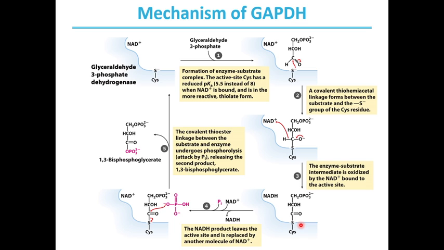Once this is formed, NADH leaves and phosphate is bound, and the phosphate O- attacks this carbonyl carbon of the thioacyl enzyme intermediate. And once this happens, the leaving group, which is this cysteine, leaves, leaving behind 1,3-bisphosphoglycerate. This then exits the enzyme, and the product is thus obtained.